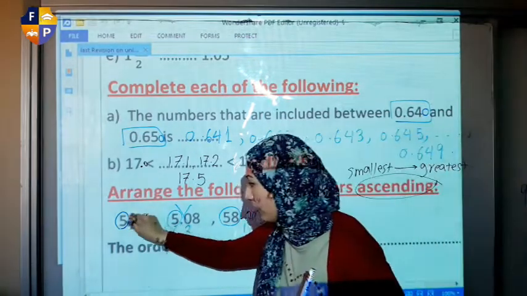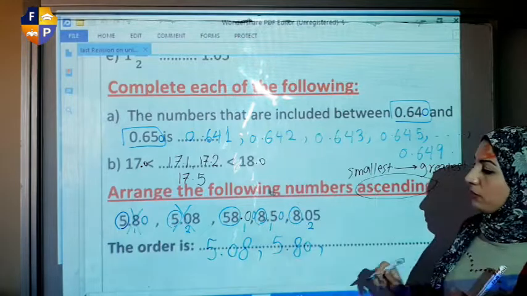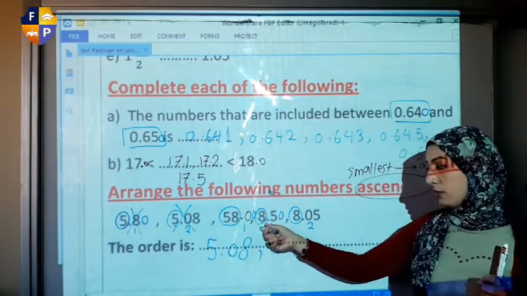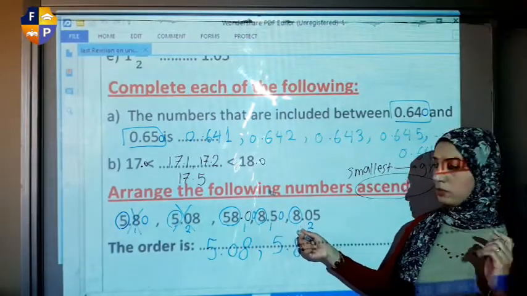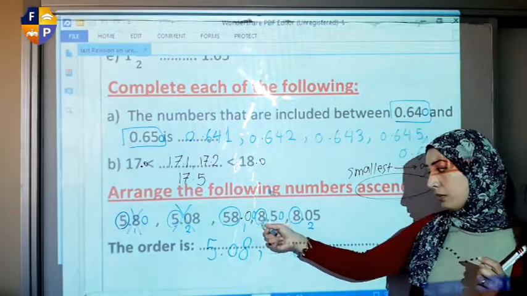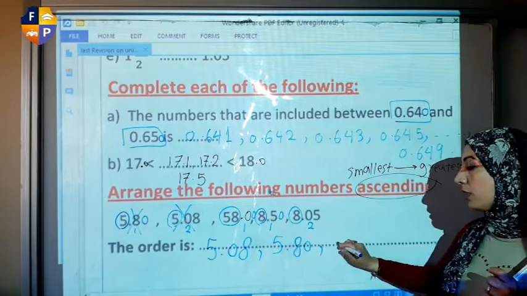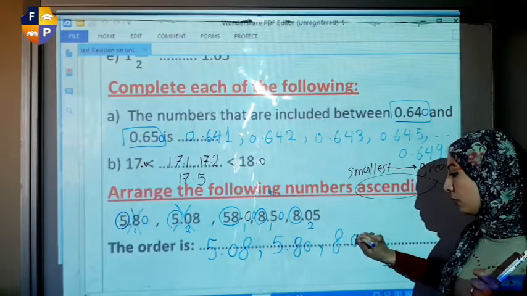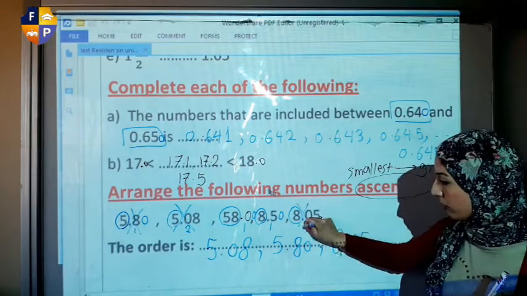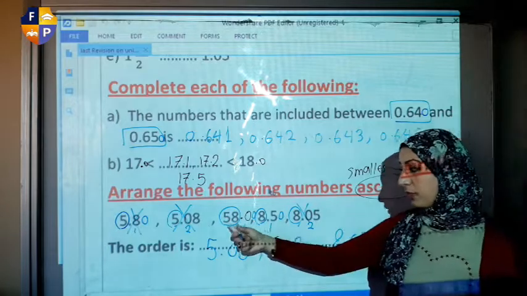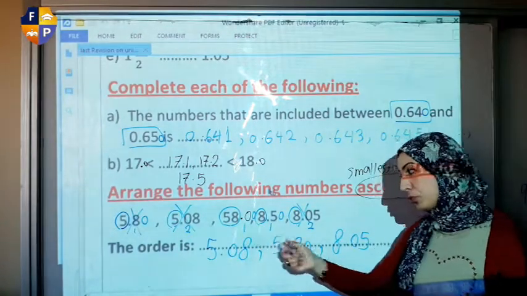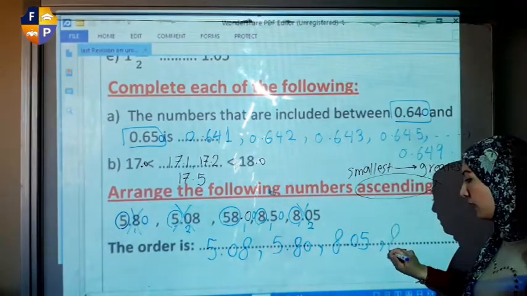Cross 5.80. The rest, 58, 8, 8. It is the smallest, but we have 8.50 and 8.05. For sure, 8.05. Cross 8.05. The rest, 58 or 8. For sure, 8 is smaller than 58. 8.50.